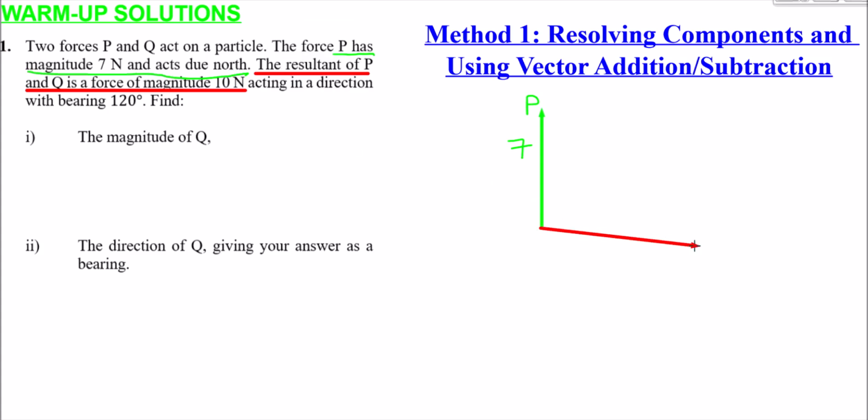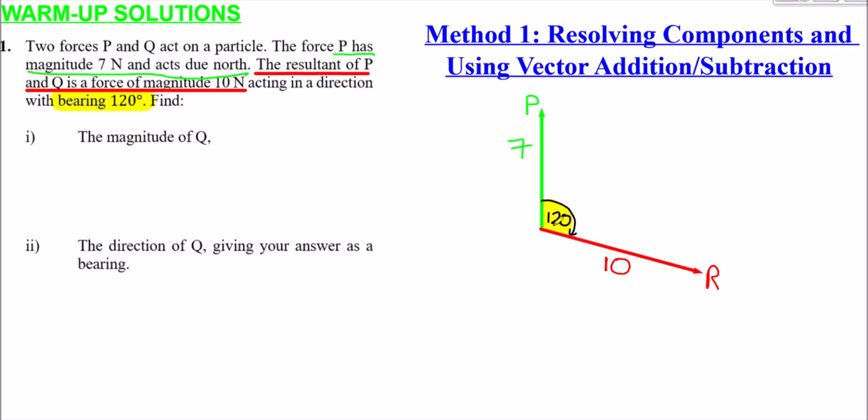So it's going to be looking something like this. So I'll label on that this is R. I'll also label on that this is going to be magnitude 10. And if the bearing is 120, this means that from here to here will be an angle of 120. So we can just use a fact of this bearing of 120 for this resultant force.